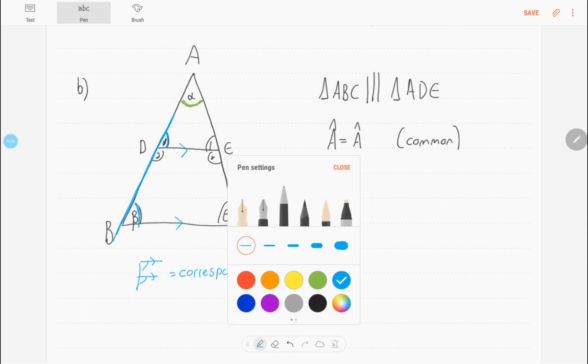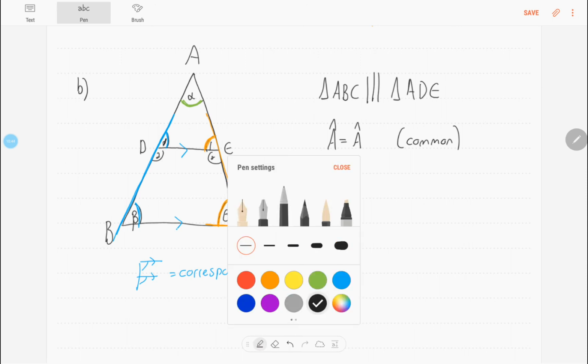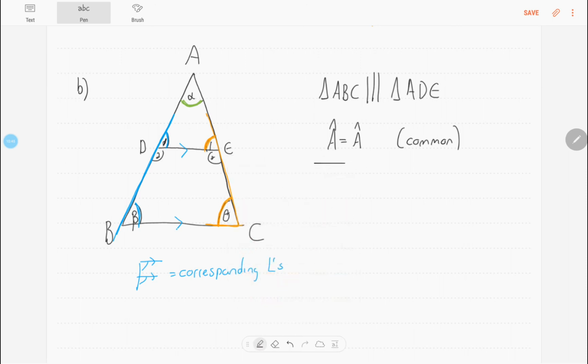And the same can be said for this side. We have another F shape over here. So that one is equal to that one. So we can then say that angle beta must be equal to D1 because we have corresponding angles and DE is parallel to BC.